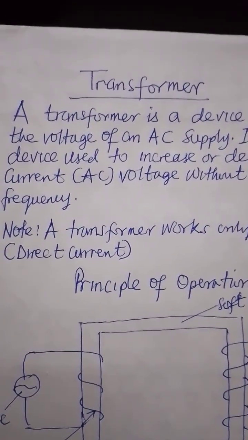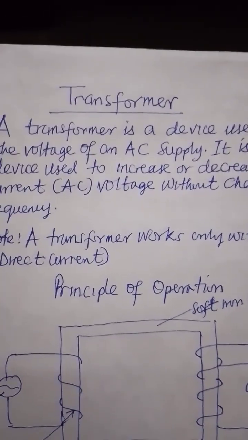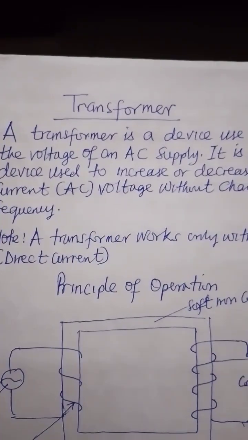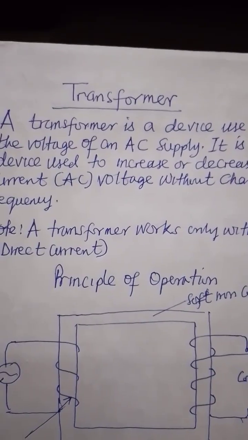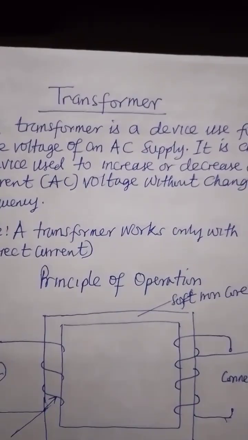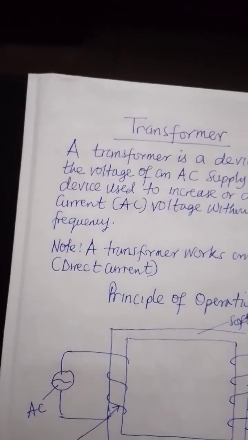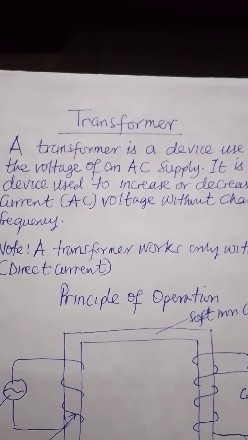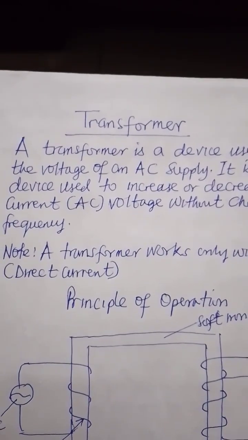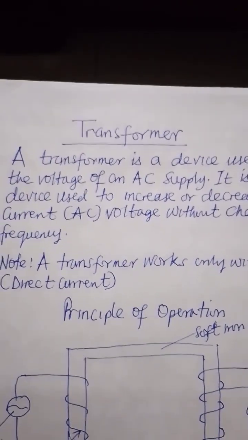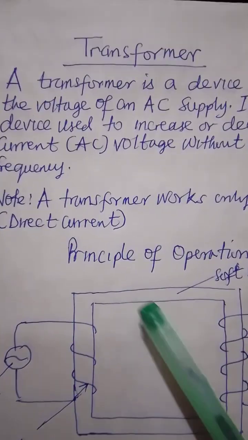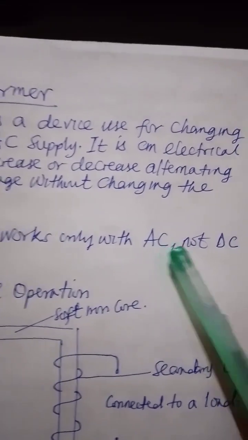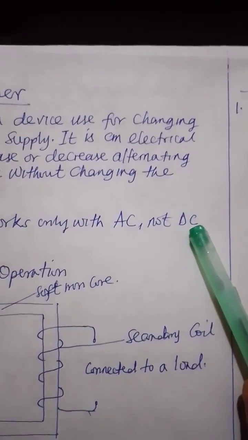That is, a transformer is used to increase the voltage of an AC supply or to decrease the voltage of an AC supply without tampering with the frequency of the AC current. I want you to note that a transformer works only with alternating current and not with direct current.